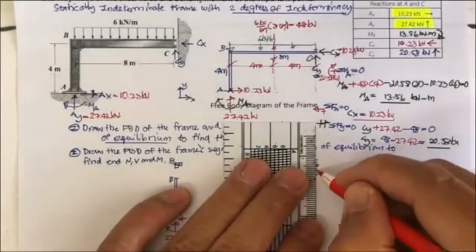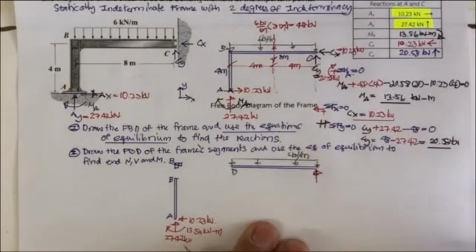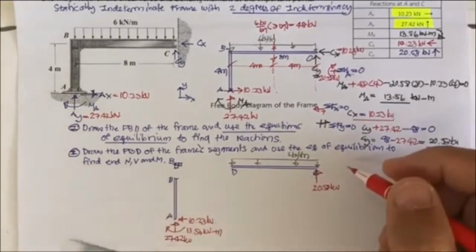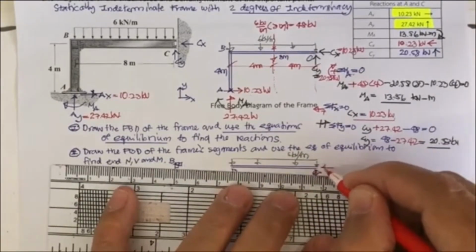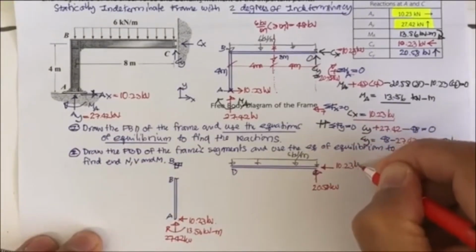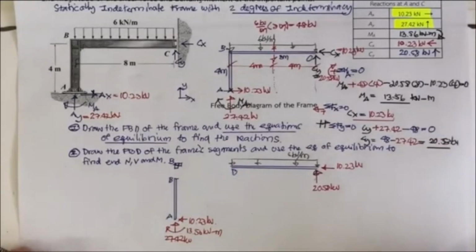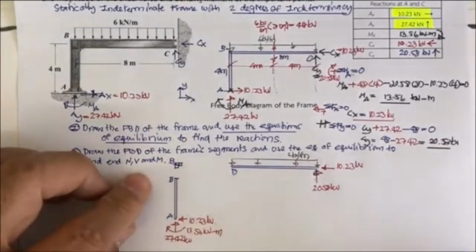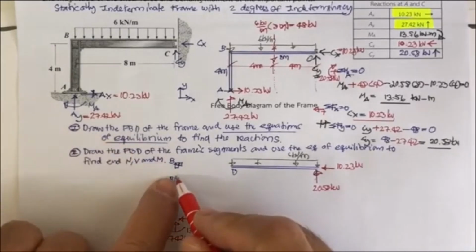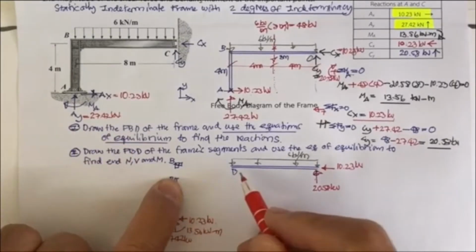And you also have this at the c sub y, and then you have it for 20.58 kilonewton. And the c sub x, you have this for 10.23 kilonewton.